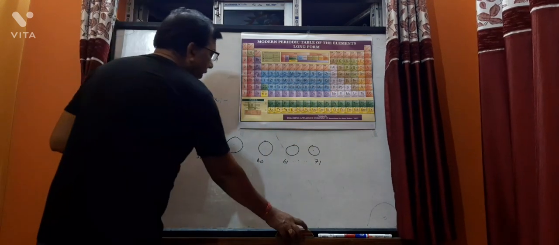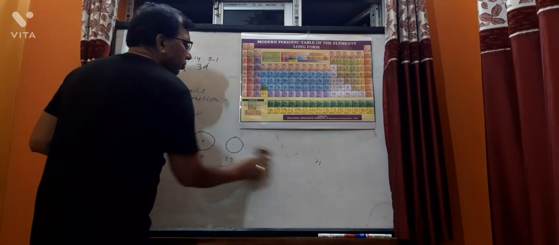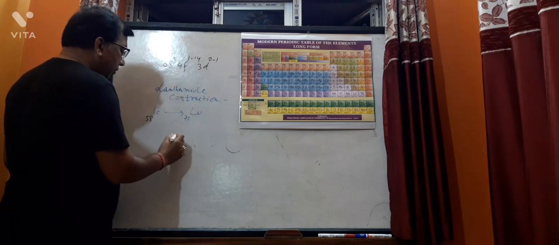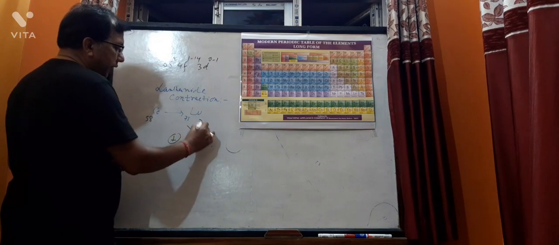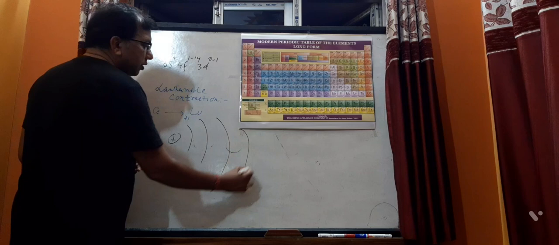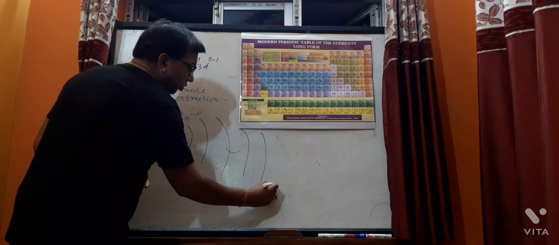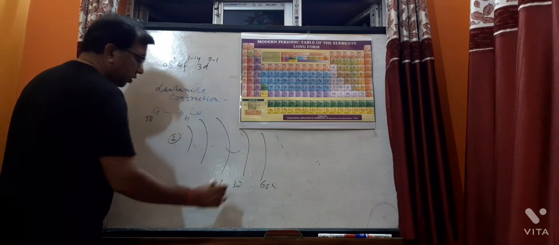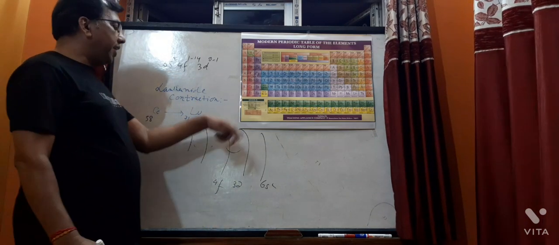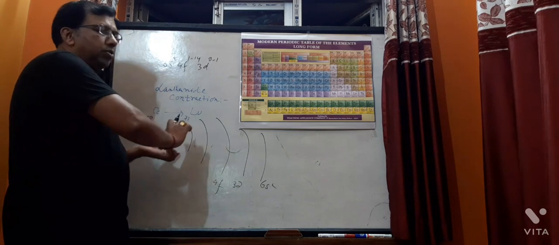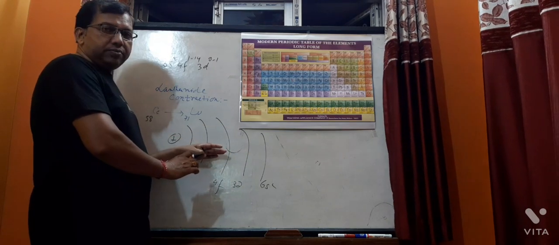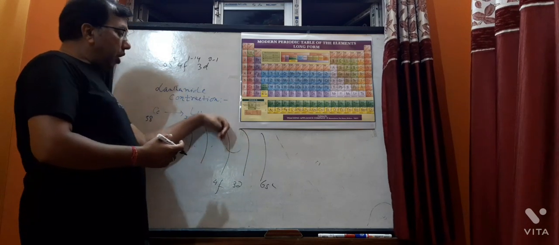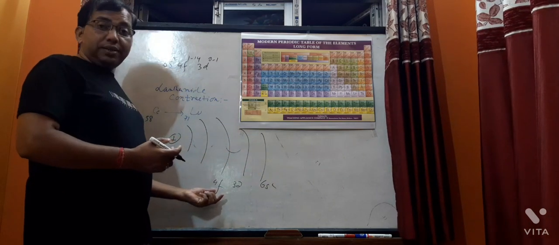Whatever electrons are added in the nucleus, suppose this is the nucleus, electrons are added progressively. Suppose this is 6s2, which is 5d, which is 4f. All the electrons are added in the same group, in the same inner shell, that is the f orbital.